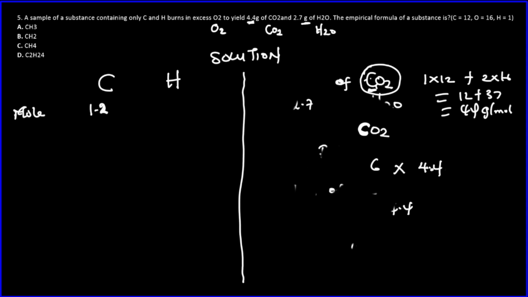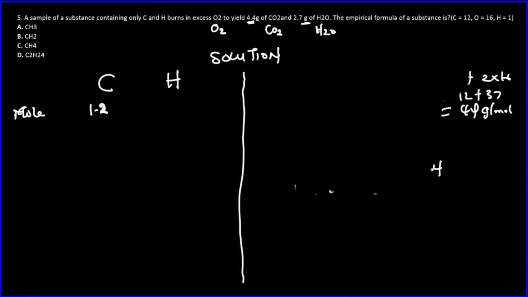We do the same also for hydrogen. We can do the same for oxygen too, but here we are dealing with carbon and hydrogen. So for H2, remember we have 2.7 grams of H2O.